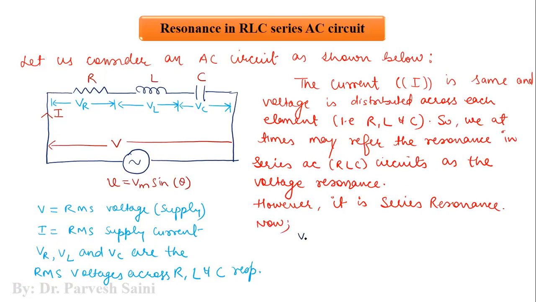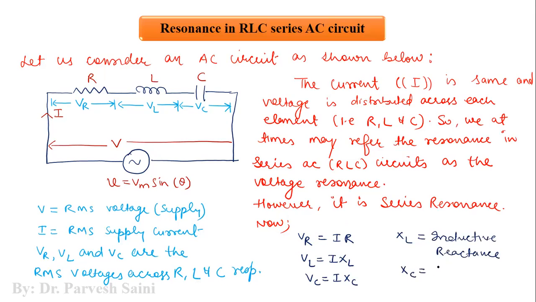Now, VR is basically I into R, VL is actually I into XL, and VC is equal to I into XC. Now we know that XL is the inductive reactance and XC is the capacitive reactance.